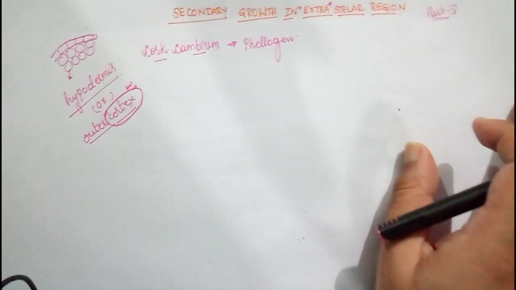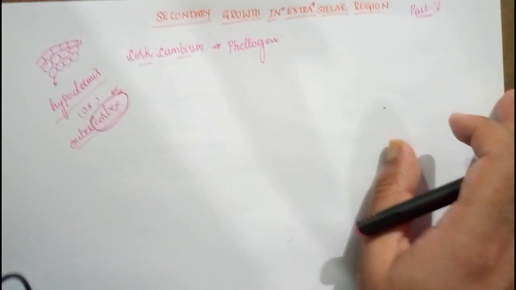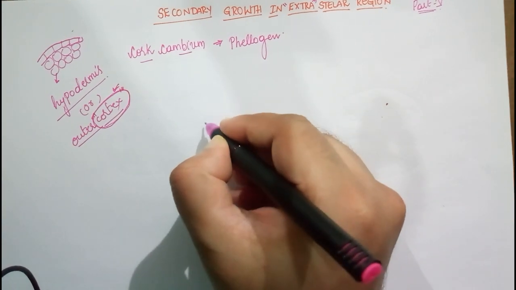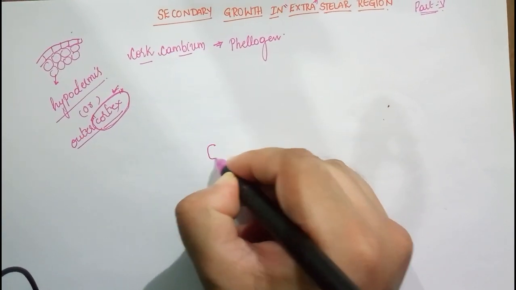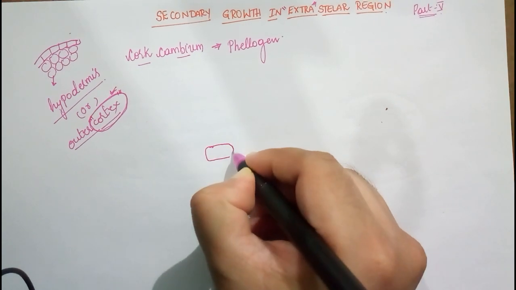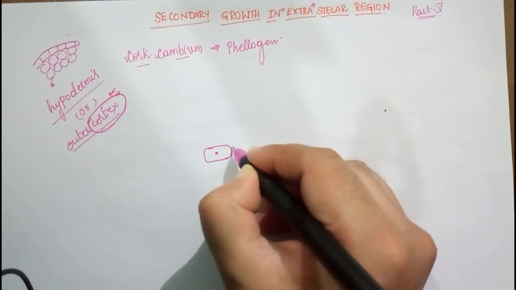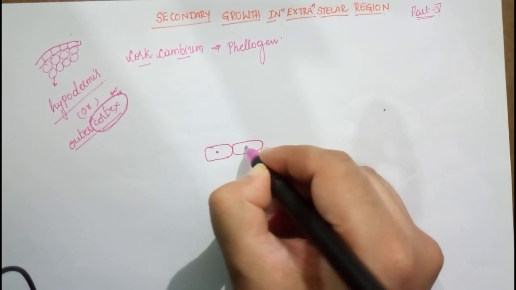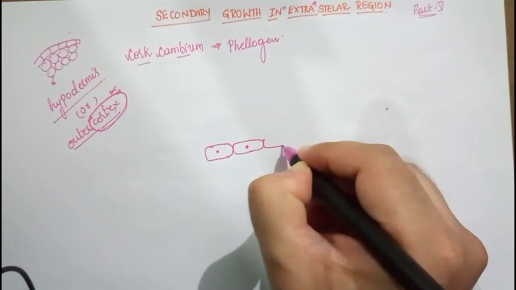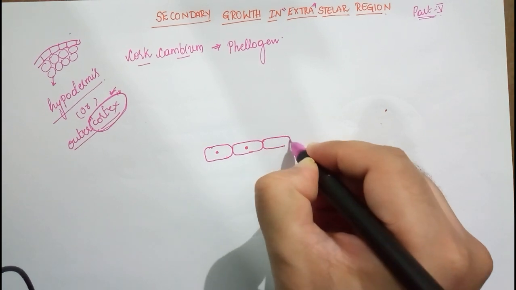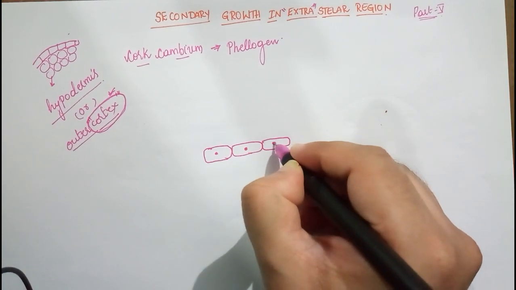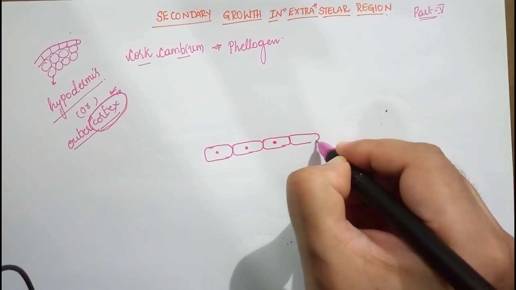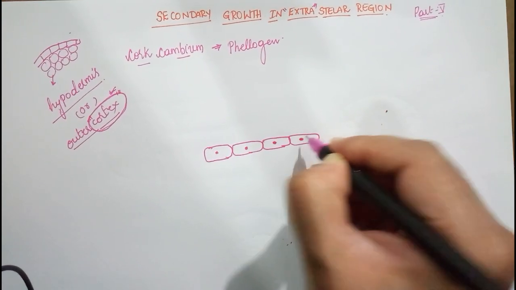So what is going to happen now? A layer of cells in the cortex will de-differentiate from cortical cells into meristematic cells.